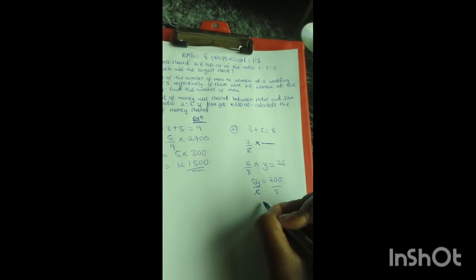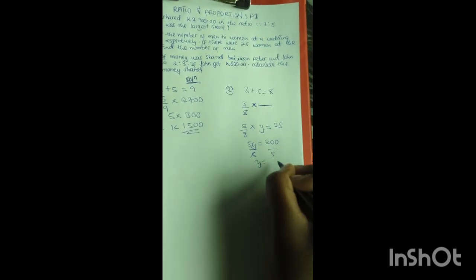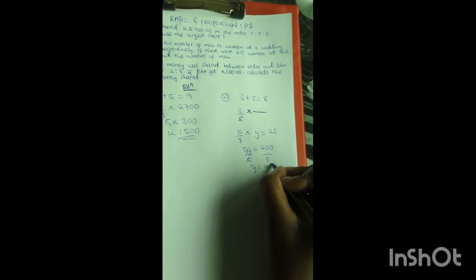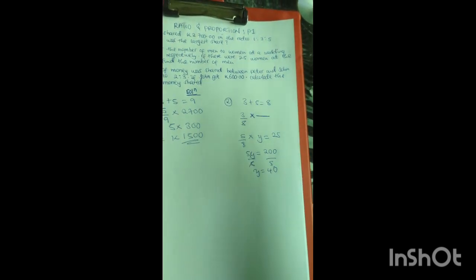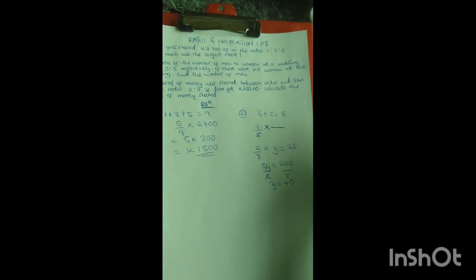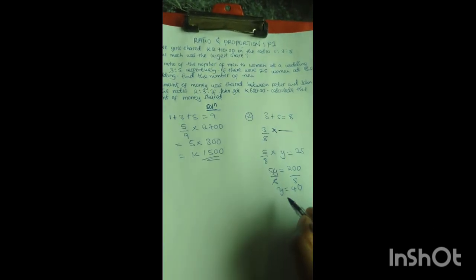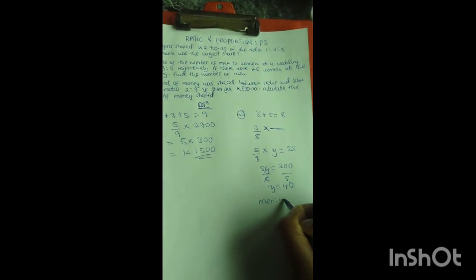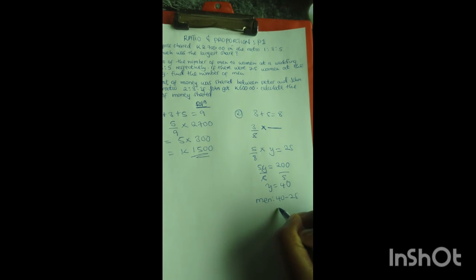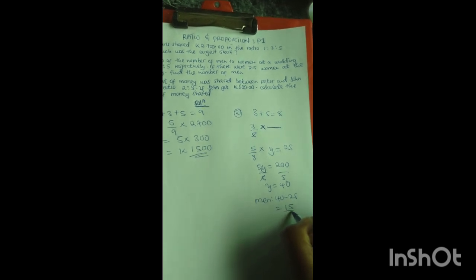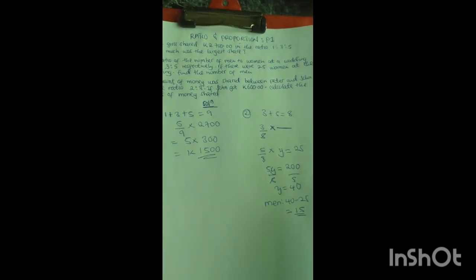We divide by 5 on both sides, and y is 5 into 20 is 4, 5 into 0, 0. So the total number of guests at this wedding was 40. And from this 40, we are told that 25 are women already. So to know the number of men, we just say 40 minus 25. And this gives us 15. So there were 15 men.